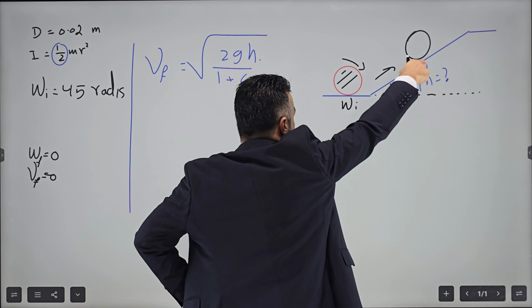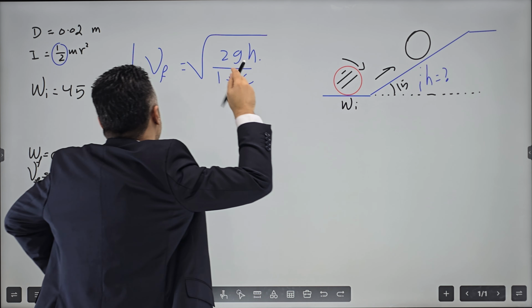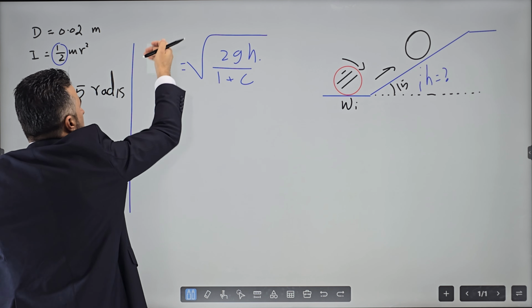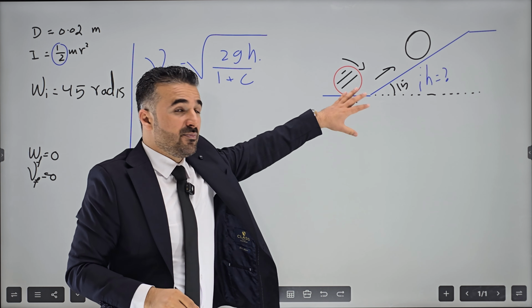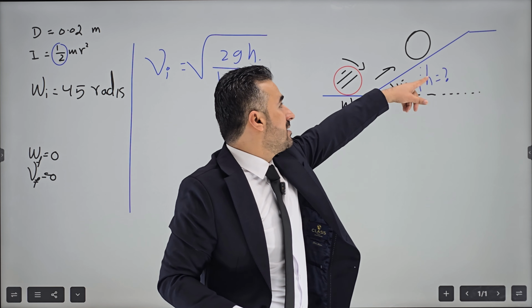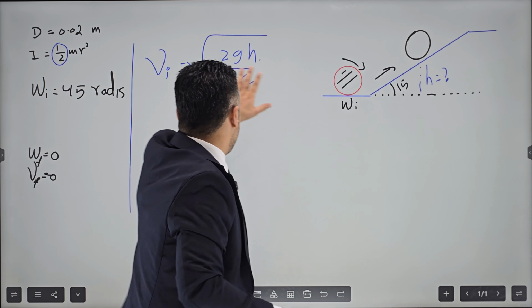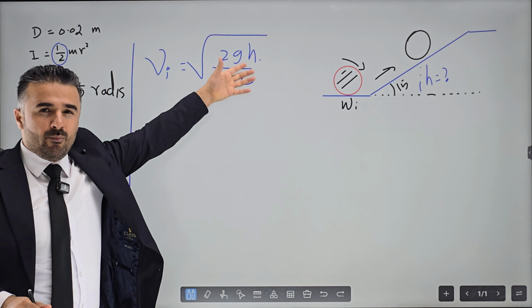It is rolling with a certain speed. We just want to see how high it is rolling up. So in this case, instead of v final, we're going to make this one v initial, because that v initial will be the speed of the object, how fast it is going up, all right? And then we can find the height. You might say, what about v final? If I write v final, the whole thing is 0. So will that help me to solve the question?